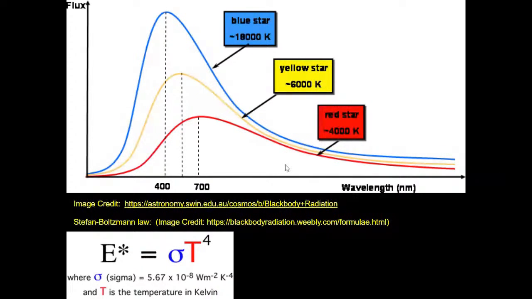What I'm talking about is the continuum radiation from the sun. There will be, of course, absorption features and emission features because of various elements that are present either near the photosphere or above the photosphere.